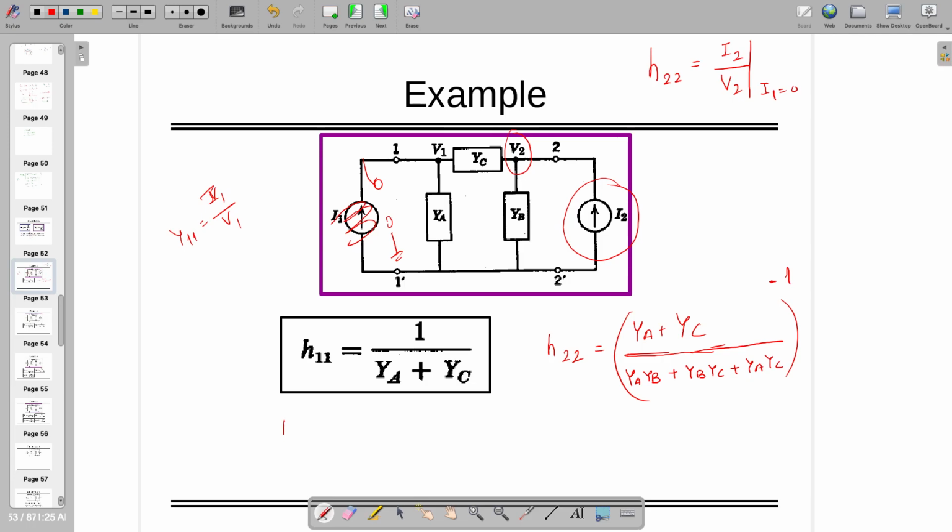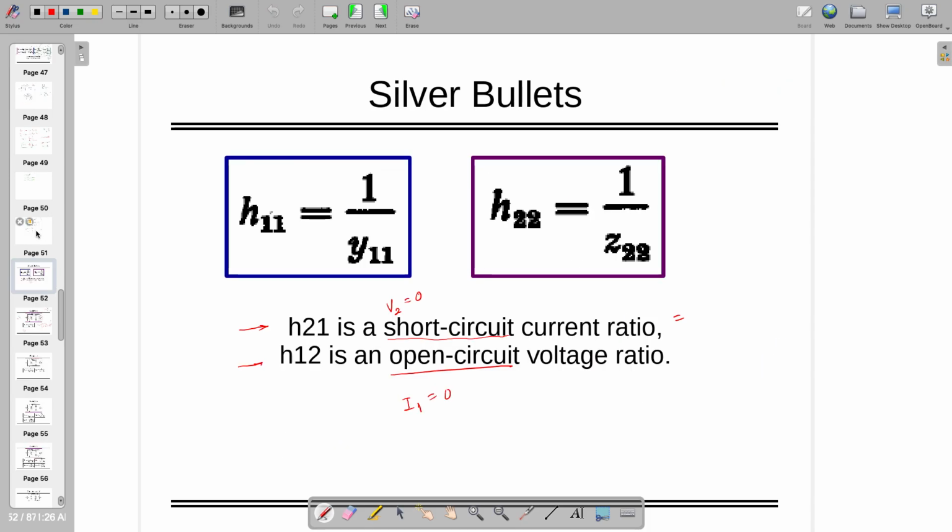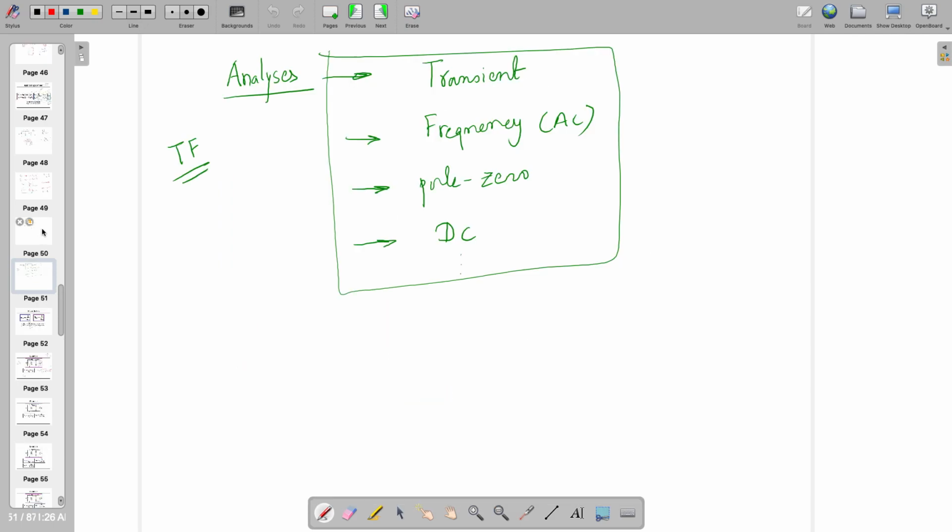So now H21. Is H21 a voltage ratio or a current ratio? Current ratio. If it is a current ratio, then find the current ratio. You can write down the equation.